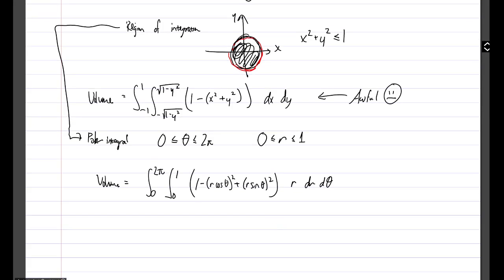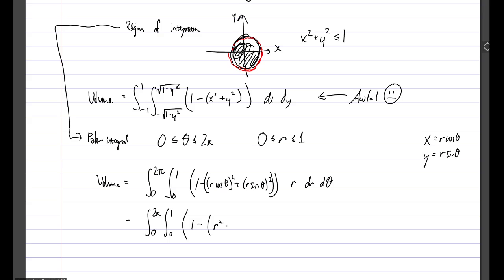Now this method I'm trying right now is a little slower, but it's going to work in general because whatever thing you have here just has x's and y's. So you just literally replace every x with an r cosine theta and replace every y with an r sine theta. I'll point out a shortcut for this specific problem in just a moment.